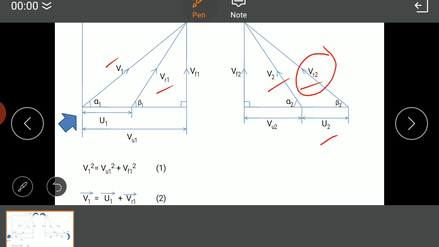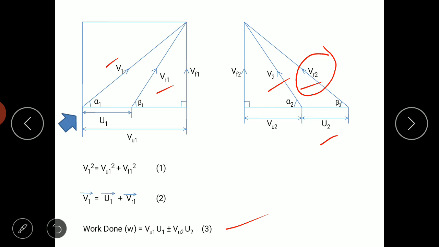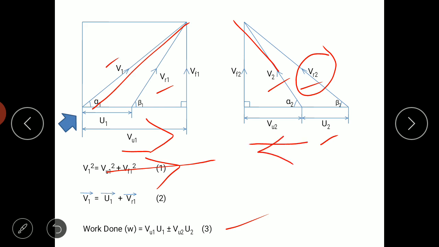So if you want to calculate the work done, we will be calculating it like this: u1 vu1 plus or minus u2 vu2. This is the work done equation, or we call it Euler's turbine equation. The plus or minus sign depends on the direction of vu1 and vu2. Now if I want to mark the direction here, what is the direction of v1? v1 is moving like this, so the horizontal component is in this direction, so it is the positive x direction. v2 is coming like this, so vu2 is going in this direction.